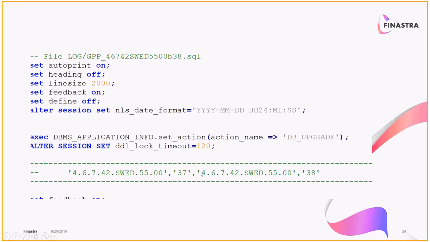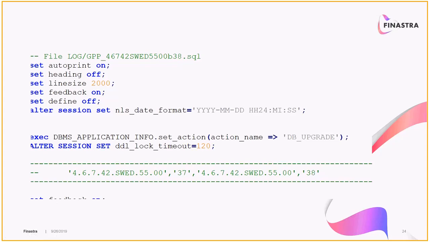So this is the mapping: it is expecting this version to be present in the owner user of the GPP. If this version is present in the environment, then only it goes and upgrades to this version. That's how it maintains the sequence.